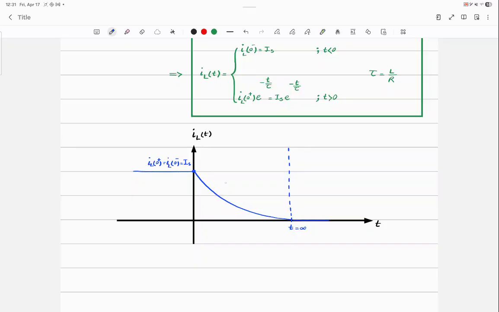The function here is IL 0 positive times e to the power of negative t over tau, and tau is L over R. What do we call this portion of the plot? We call it a steady state.